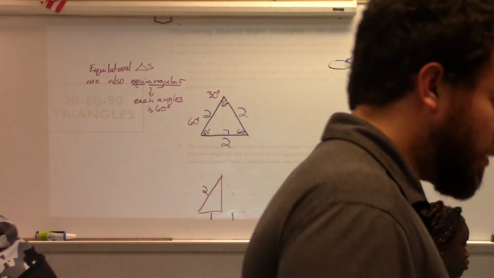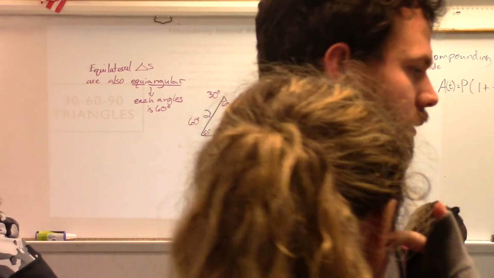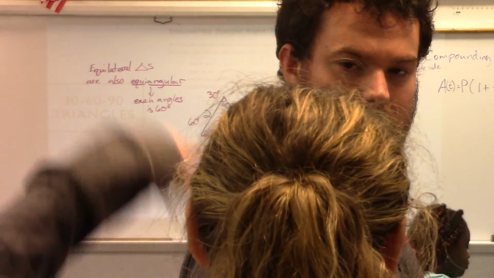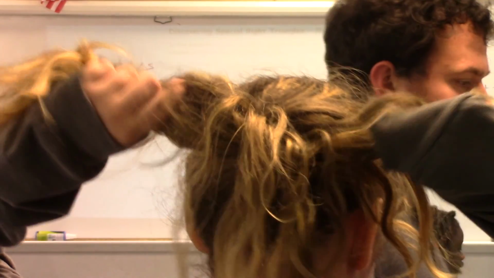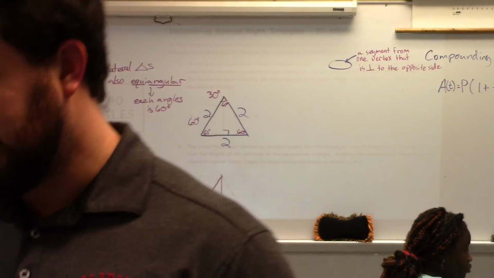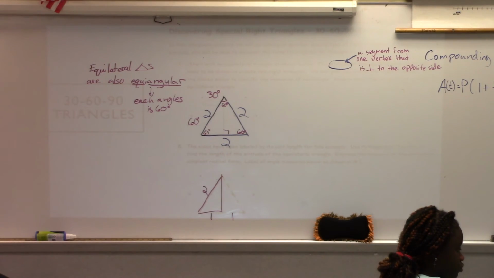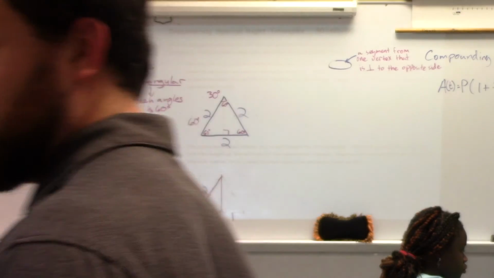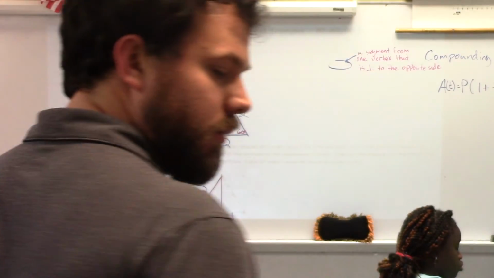I need us to focus on the 30, 60, 90. There's short ones up there. I just dropped it down. It's green. Hey, can I get Terrence? I'll take care of it. You worry about you.